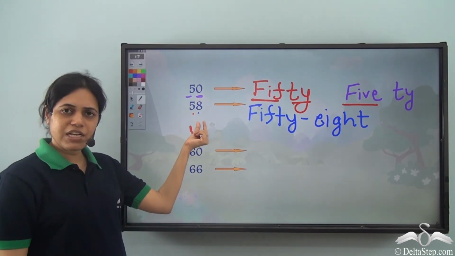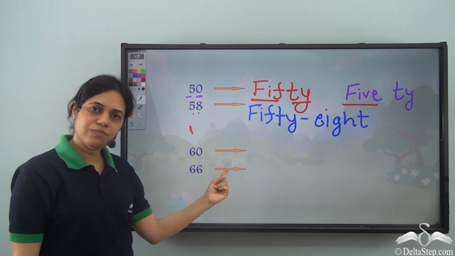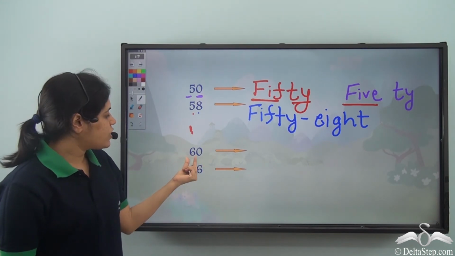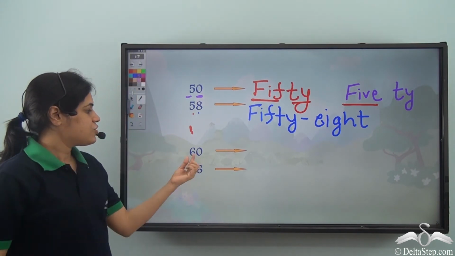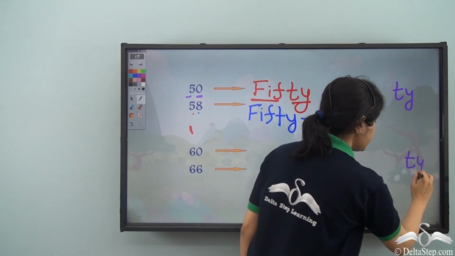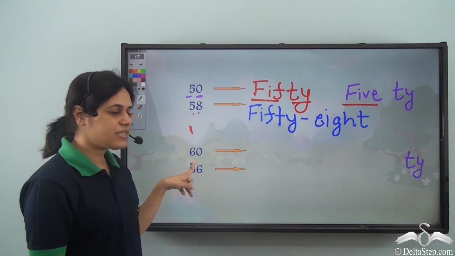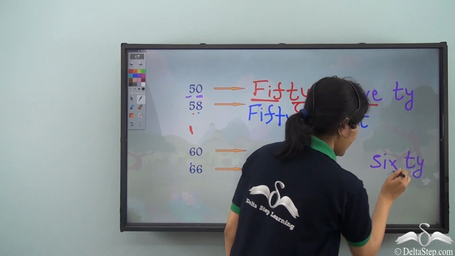Now after 58 we will have 59 and then 60, right? So what is the number name of this number? Let's see. So 0 in the end means it will end with TY, and this 6 means SIX.